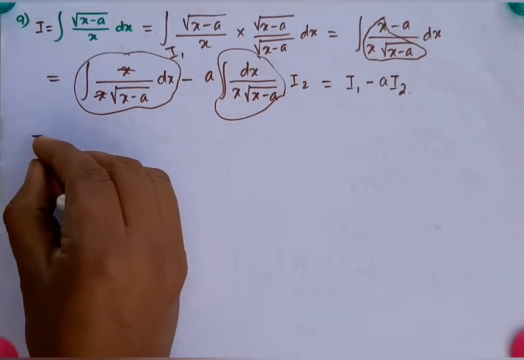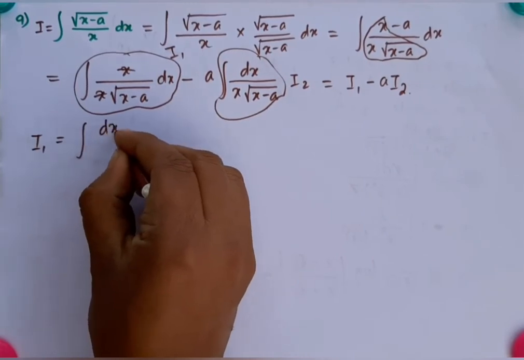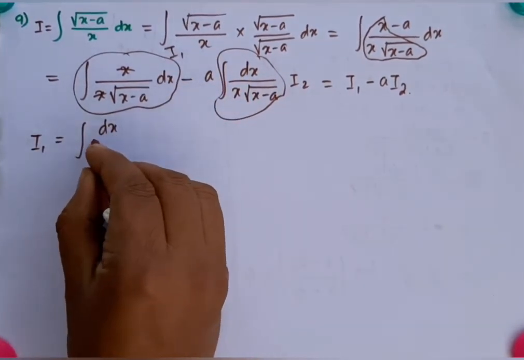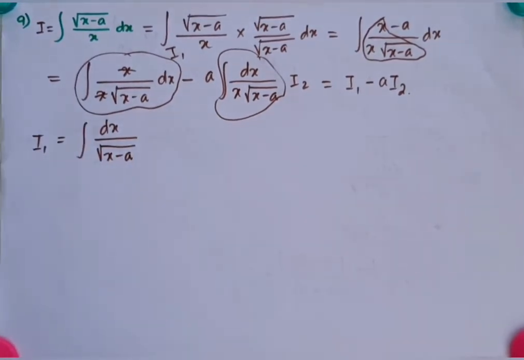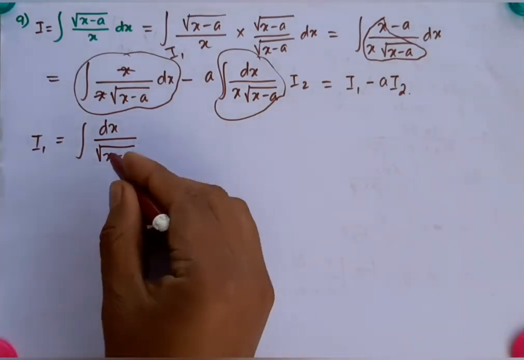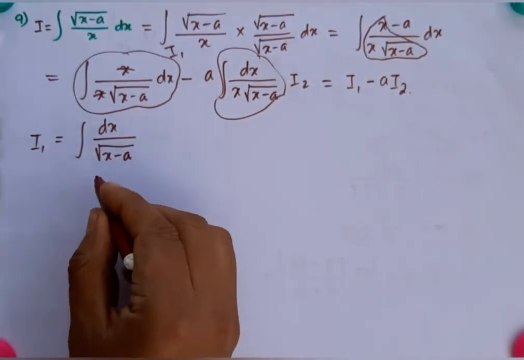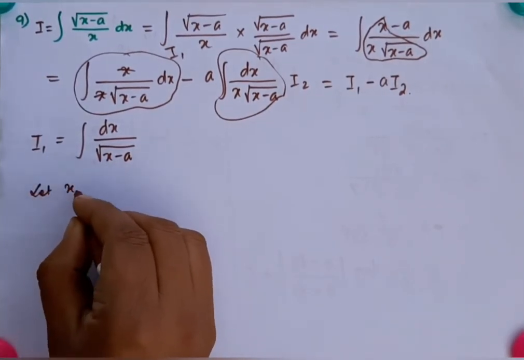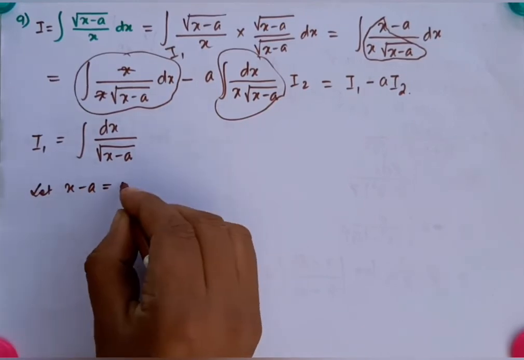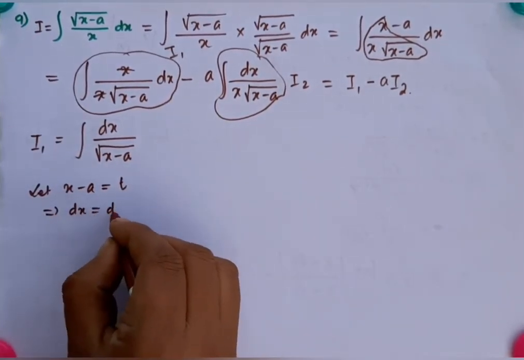So I1 is the integral dx by square root of x minus a. The evaluation of this I1 is very simple. You just need to substitute: let x minus a equal t. From here you get dx equal to dt.